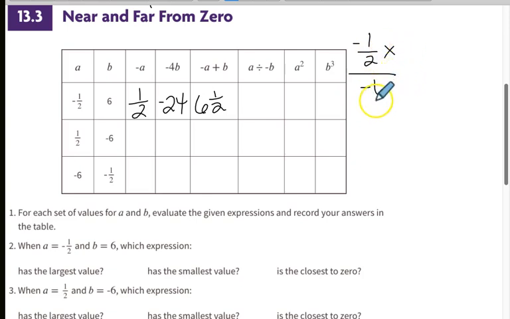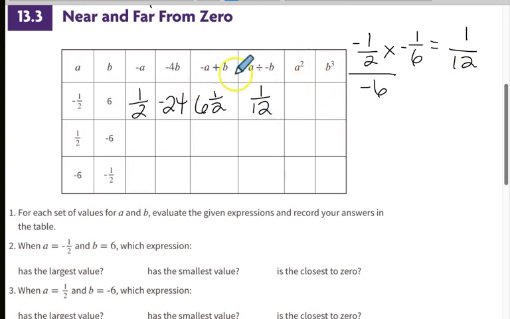Instead of negative 6 over 1, it'll be negative 1 over 6. 1 times 1 is 1. 2 times 6 is 12. Negative times a negative is a positive. Because this was a negative 1/2 and this was a negative 1/6. Positive 1/12 for this answer.